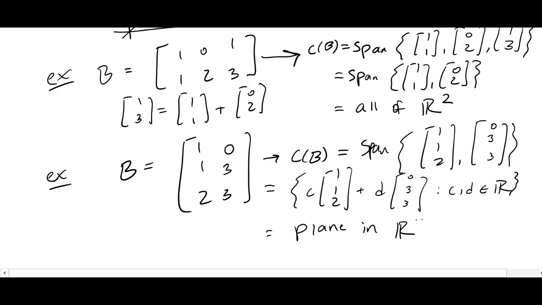So you can imagine if I took some vector which is linearly dependent upon these two columns, and I put it as a third column in this matrix, the column space wouldn't be changed at all by that. It would still be this same plane in R3.